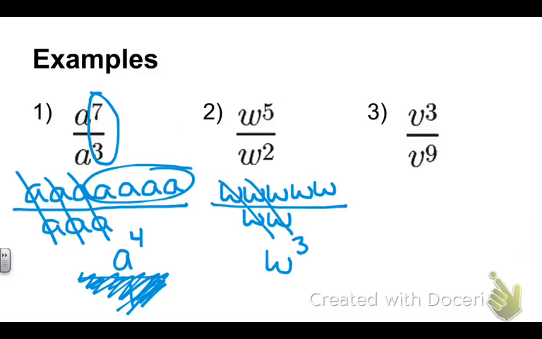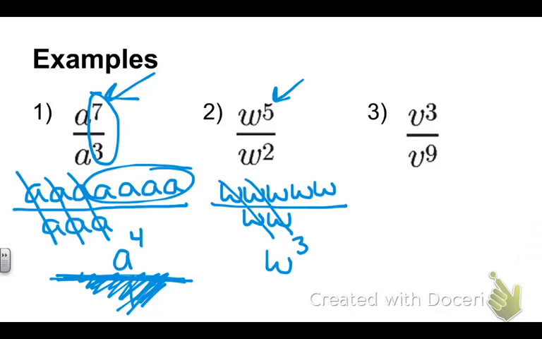So I've got w cubed. Now what I was talking about with the who wins, if you look, 7 and 3, 7 is the bigger number, so it's going to be on top. We didn't put it on the bottom, we put it on top. It's the same thing. 5 is the bigger number, we put it on top in the numerator's spot, not in the denominator spot.